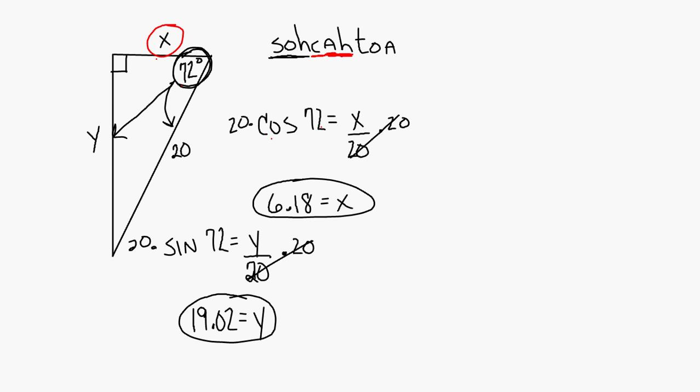Okay, make sure you remember that when the variable's in the numerator, all you're going to do is multiply each side by the denominator, and you're finished. When the variable's in the denominator, say you had tan 25 equals 15 over x, you're going to take this numerator and divide it by whatever's right here.